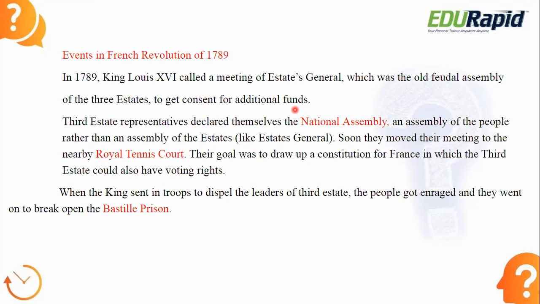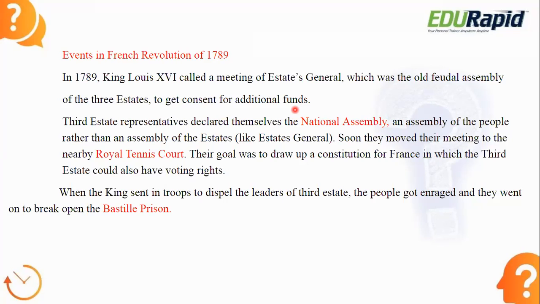So now they started rebelling against the king because they asked for voting rights. They started questioning: okay, we are ready to pay the taxes for you guys, even though you don't pay any taxes, but where are our rights? We need voting rights, we also need political power, and then only we're ready to give the taxes. But this appeal was not acceptable to the first and second estate people.